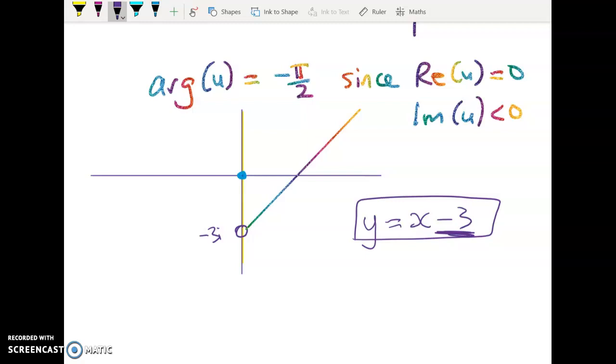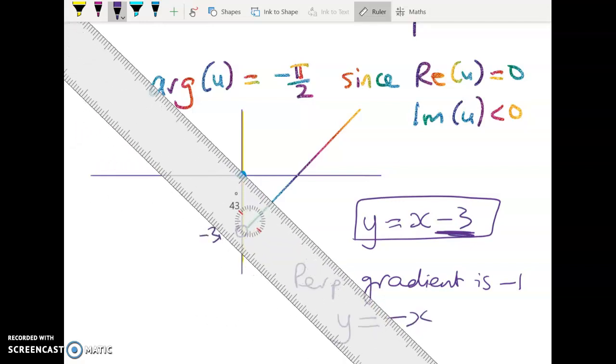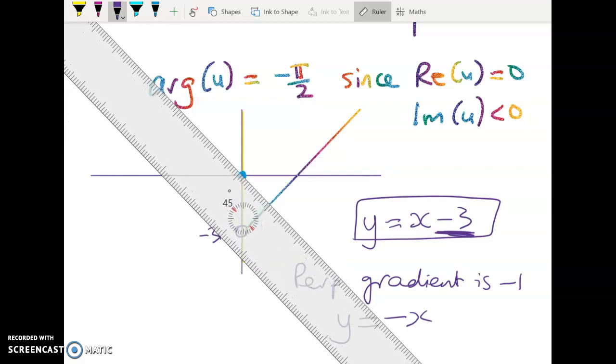That means that we know that the slope of our line segment must be negative 1. So our line segment is going to be y equals negative x. We can draw that in, and that shows us the point that we're looking for.